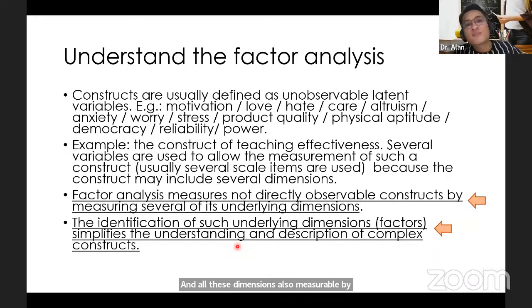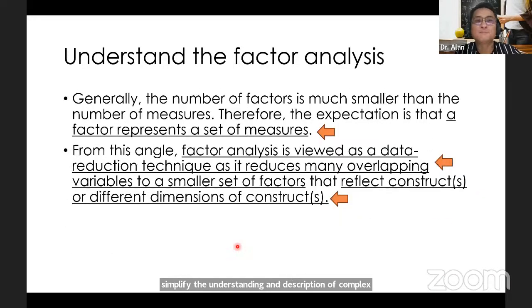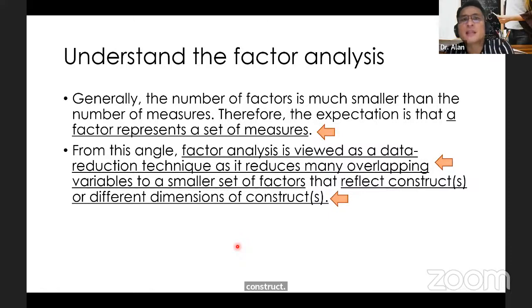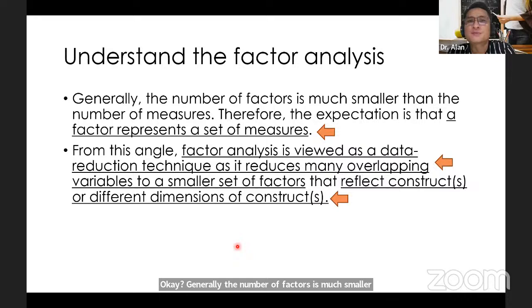So factor analysis measures a not directly observable construct by measuring several of its underlying dimensions. The identification of such underlying dimensions, which we call factors, actually simplifies the understanding and description of a complex construct. Generally, the number of factors is much smaller than the number of measures. Therefore, the expectation is that a factor represents a set of measures.